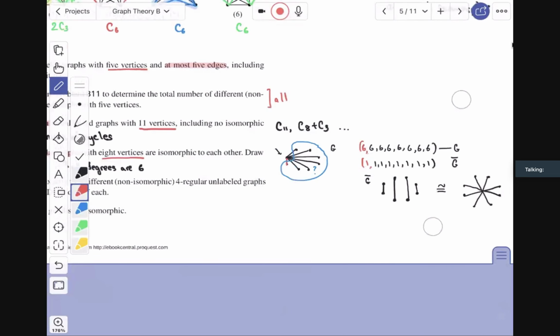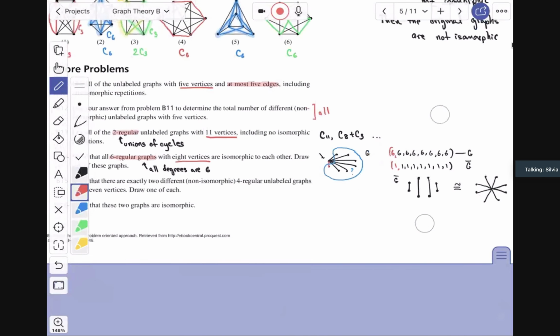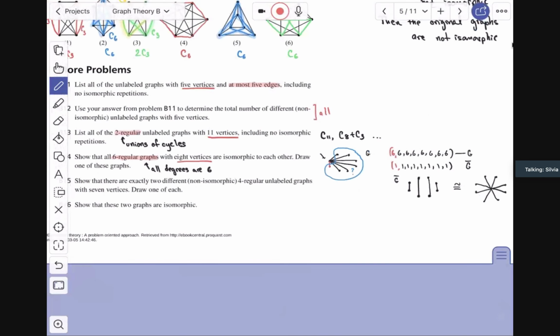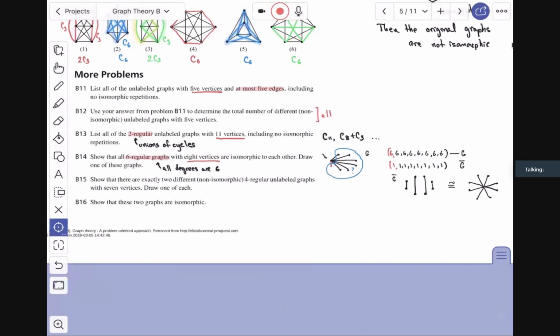Thank you. You see how you can come up with many different types of problems along the same lines. Here, show that there are exactly 2 different non-isomorphic 4 regular unlabeled graphs. For regular, all the vertices have degree 4, with 7 vertices. Draw 1 of each.